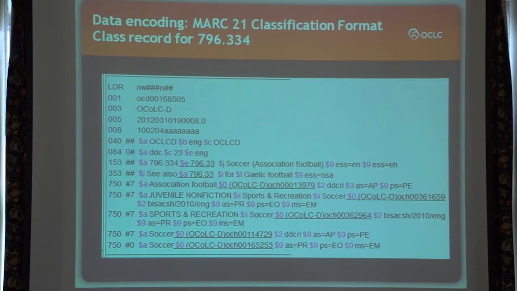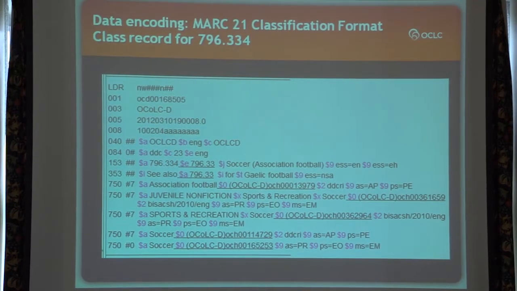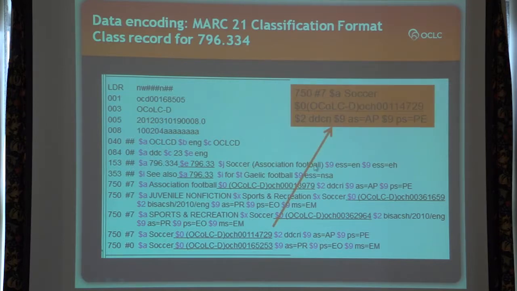So here's the record for 796.334 soccer. And boy, I wish I didn't keep losing there, I've got my cursor. And so here's the classification number, the next level up in the hierarchy, and this is the caption. Soccer, parentheses, association, football.